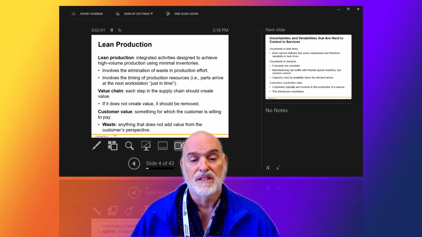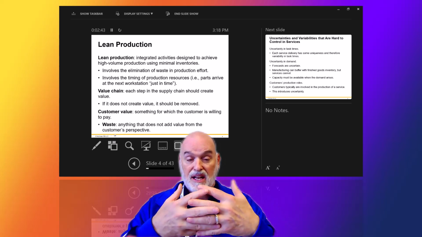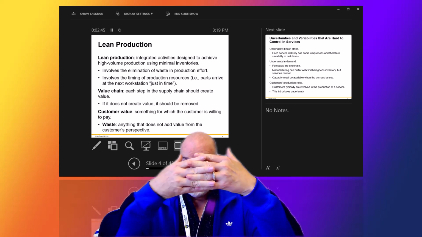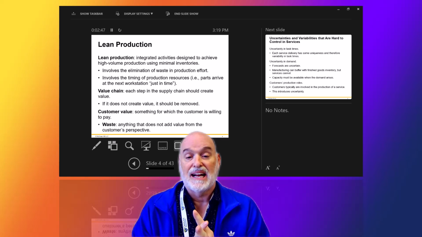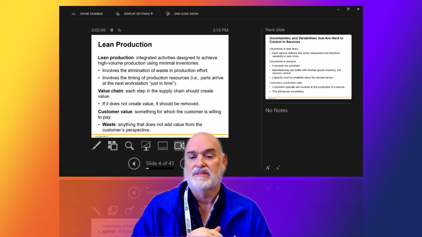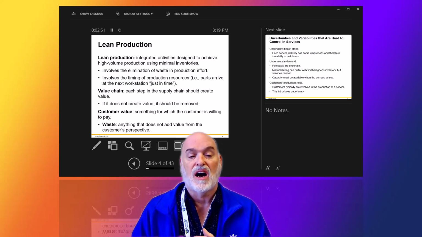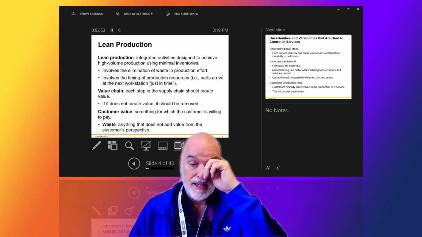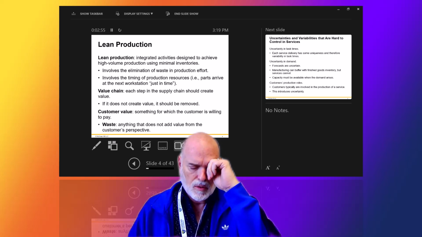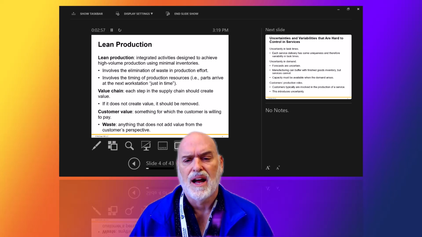But lean production is a set of integrated activities. Integrated activities, also aligned activities, and it's designed to achieve high volume production using minimal inventories. Why don't companies want to have a lot of inventory? Let me ask you a question.